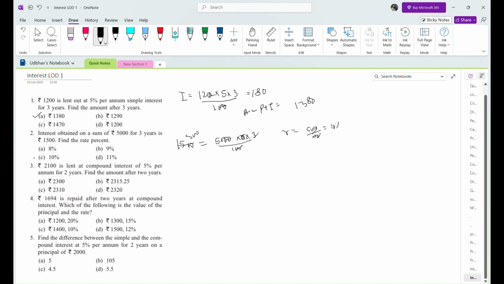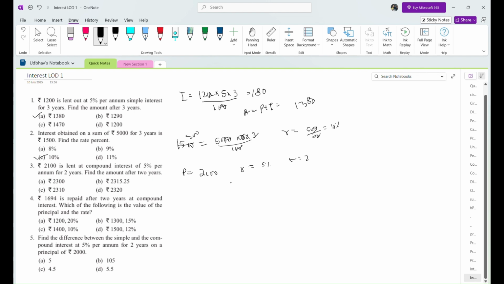10%. 2100 is lent at a compound interest of 5% per annum for 2 years. Find the amount after 2 years. So here the principal is 2100, lent at a compound interest rate of 5% per annum, time is 2 years, find the amount after 2 years.